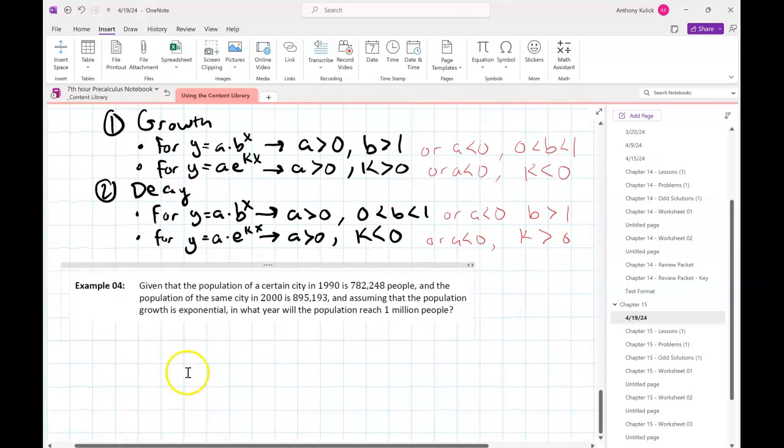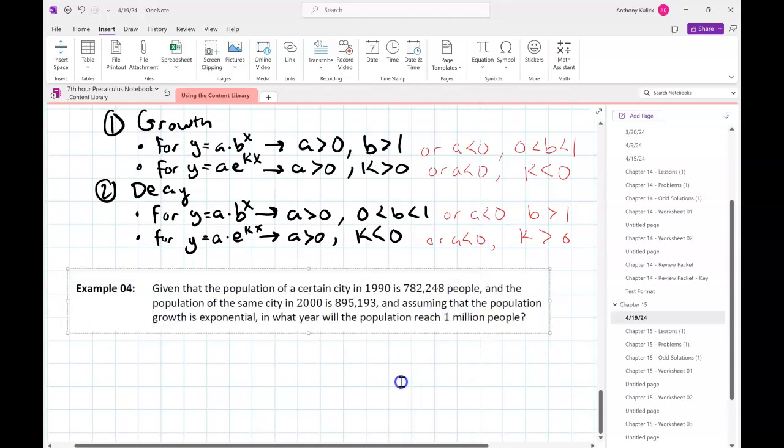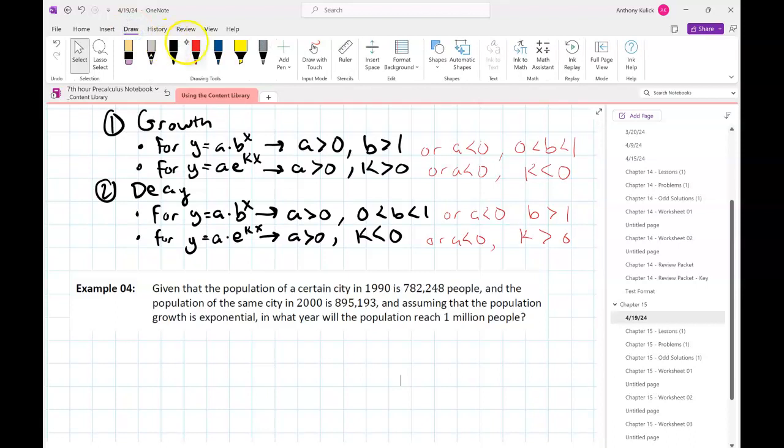So it says, given the population of a certain city in 1990 is 782,248 people, and the population of the same city in the year 2000 is 895,193 people, and assuming the population growth is exponential, in what year will the population reach 1 million people?